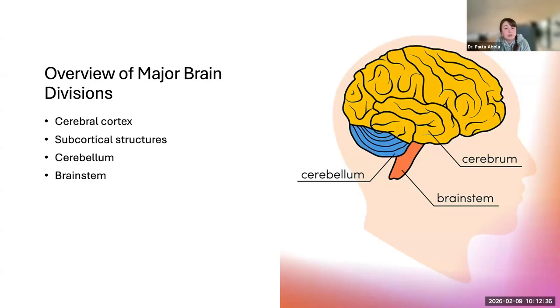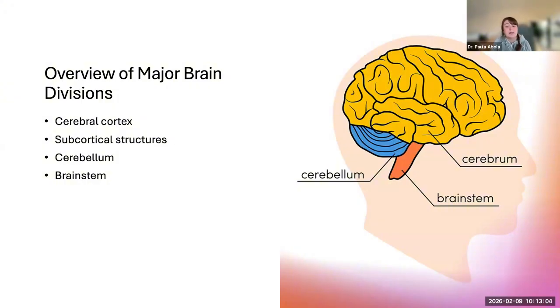The cerebellum contributes to coordination, timing, and increasingly recognized cognitive and emotional functions. And the brainstem, which I think is a lot of times discussed and probably you've heard of it, supports vital life functions and basic arousal. So together, these systems create the foundation for both simple and highly complex behaviors.